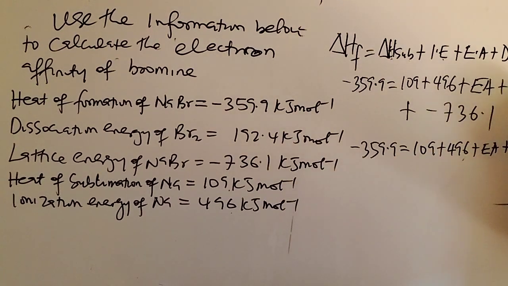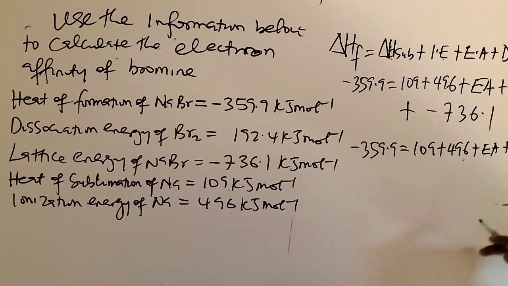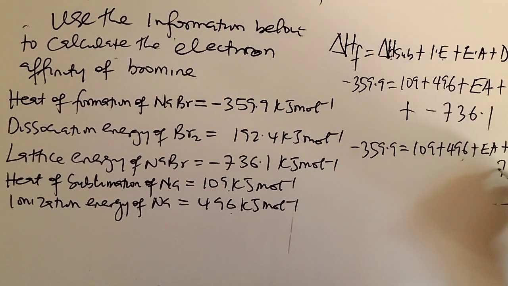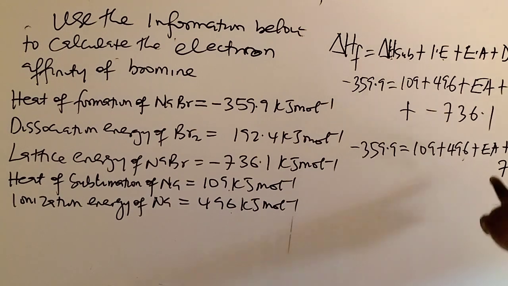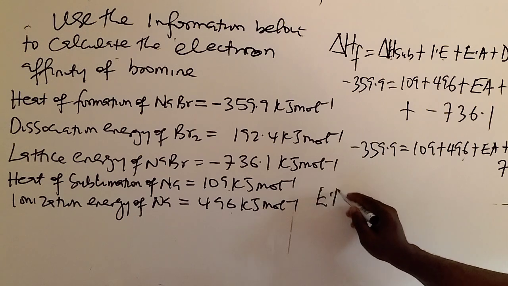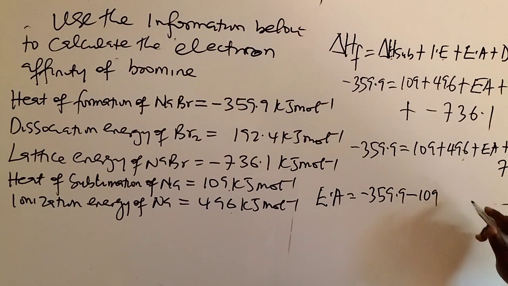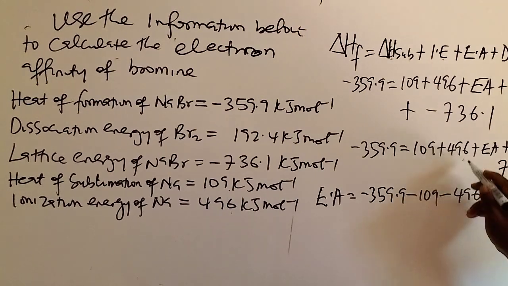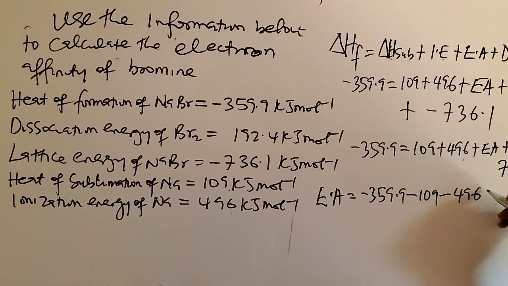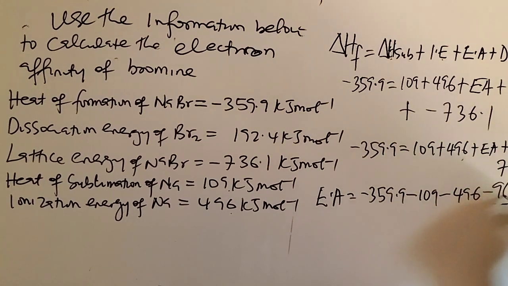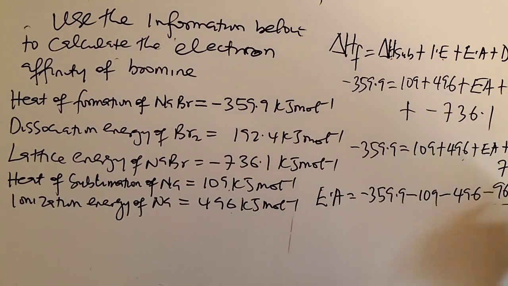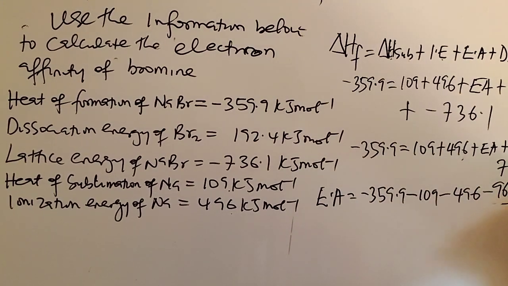That gives us 192.4 divided by 2, 96.2, then minus this value, 736.1. So make EA the subject, carrying all the values to the other side. EA now becomes equal to minus 359.9 minus 109, then minus 496, crossing over becomes minus, then this is plus 96.2, and this is minus, crossing becomes plus 736.1.